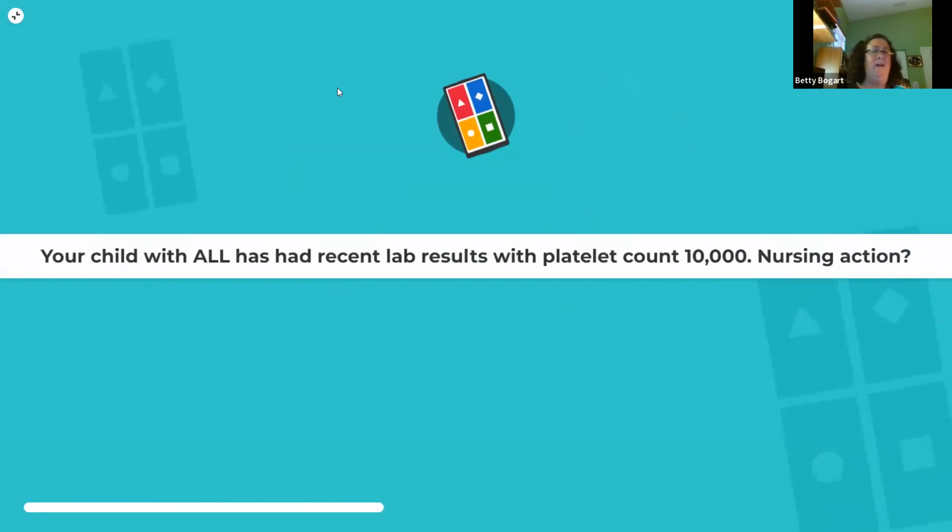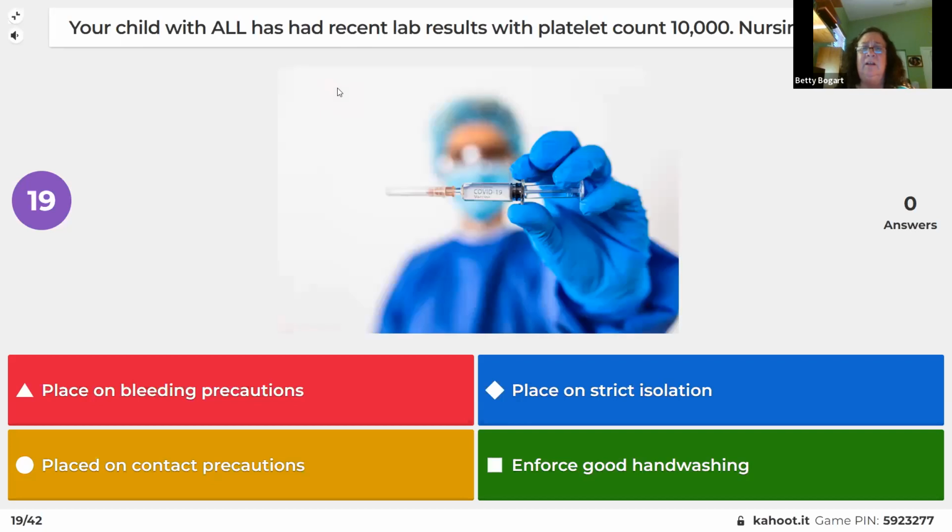Your child has ALL, has had recent lab results, and the platelet count is 10,000. Nursing action, what are you going to do? What does that mean? That's acute lymphocytic leukemia, ALL. What do platelets do for the body?